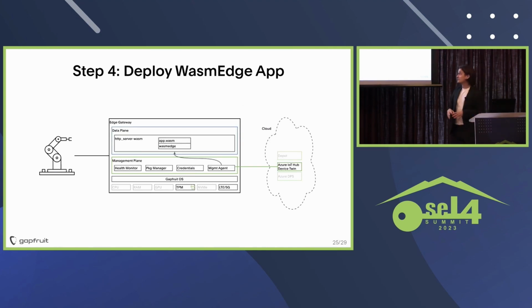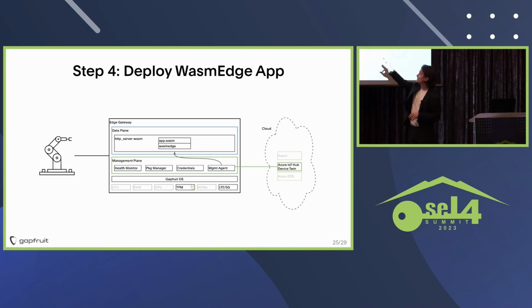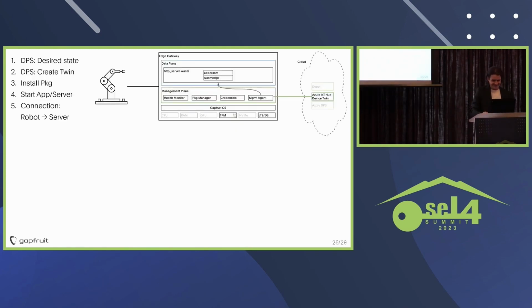When everything is installed, the management agent makes sure that the data plane is being deployed, and essentially the app that we built before is running, and then the robot can connect to that server, and we're all happy. All right, so how does that look?